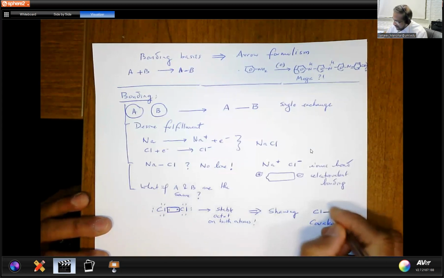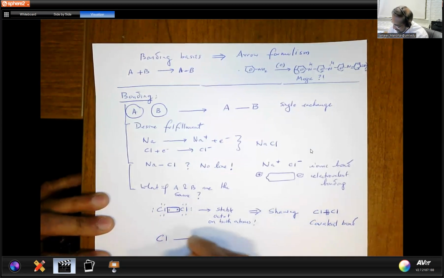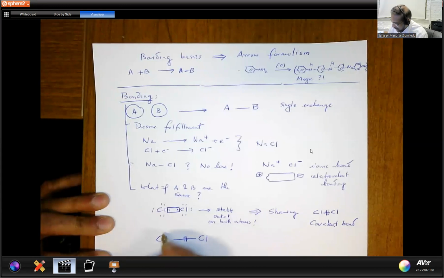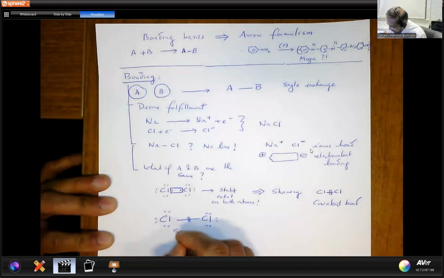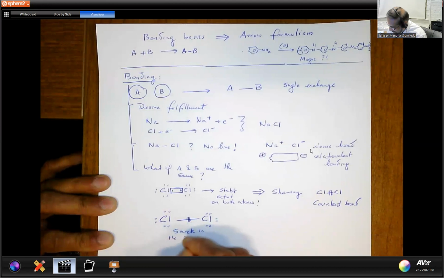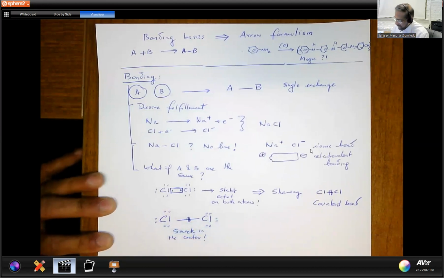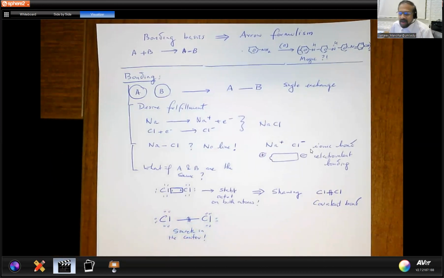That means the 2 electrons are shared right smack in the middle, right? You have chlorine and chlorine, each with 1, 2, 3, 4, 5, 6, 7 electrons, and the 2 shared electrons are smack in the center. So this is a covalent bond.